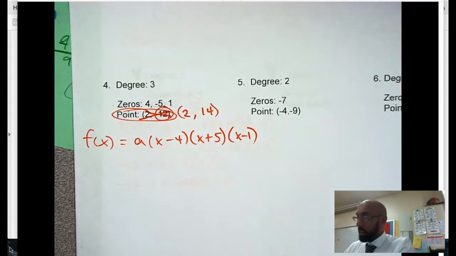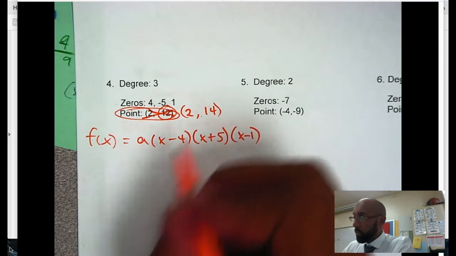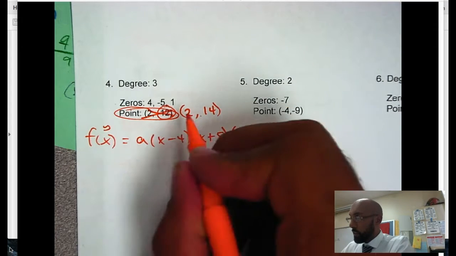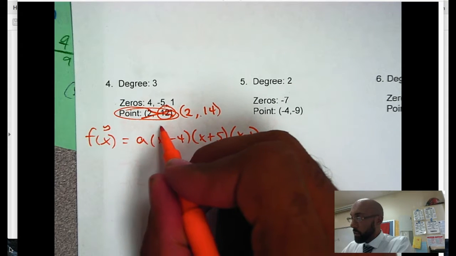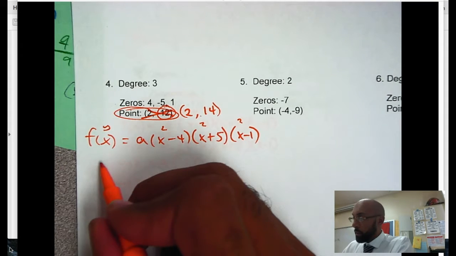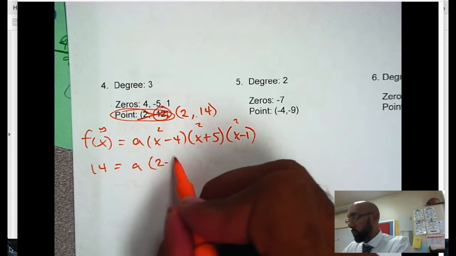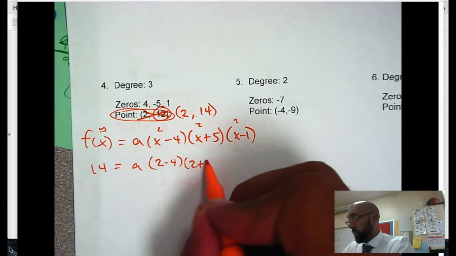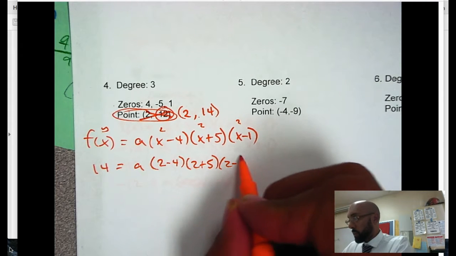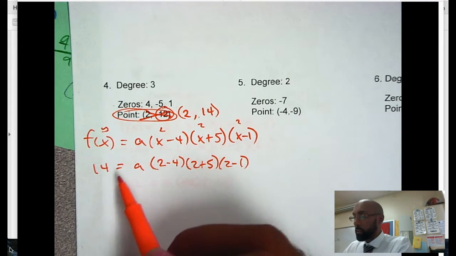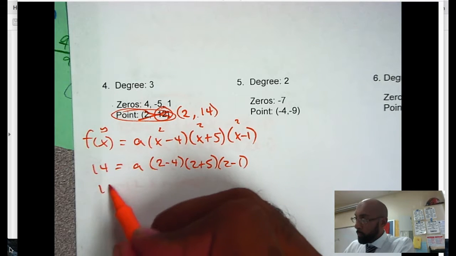To figure out what that is, I'm going to plug in the 2 and the 14. I'm going to plug in the 14 for y and the 2 for x. So we'll have 14 equals a times 2 minus 4, and 2 plus 5, and 2 minus 1. All I did was plug in the x and the y.